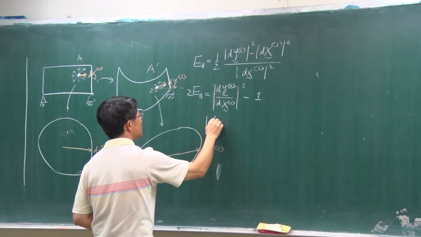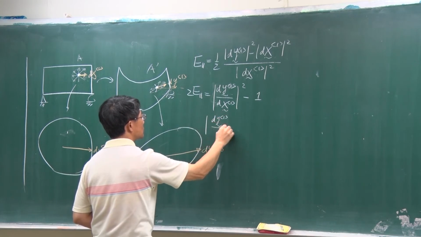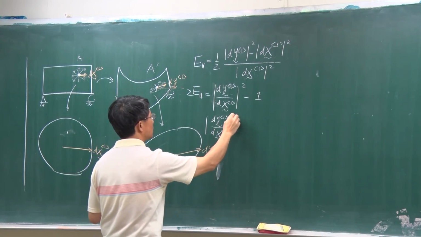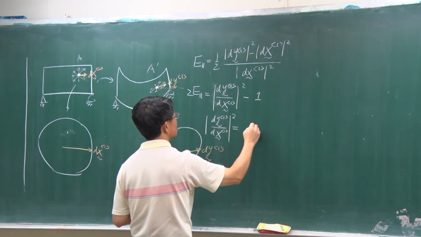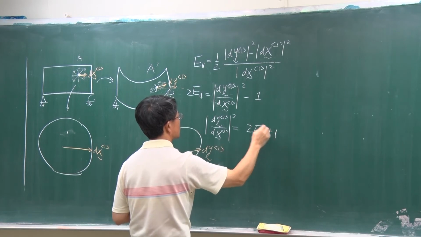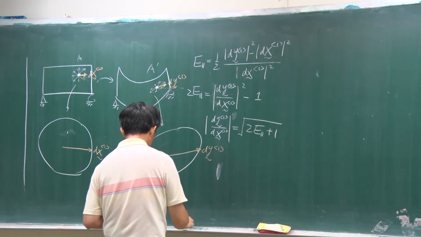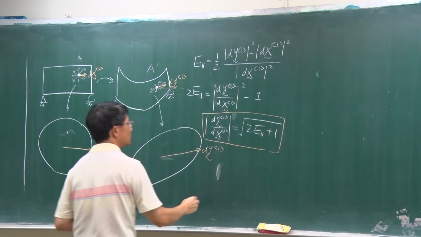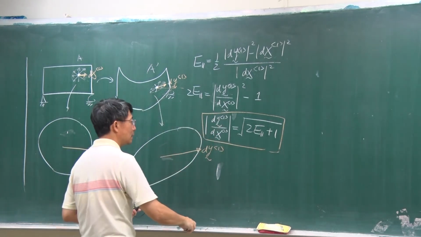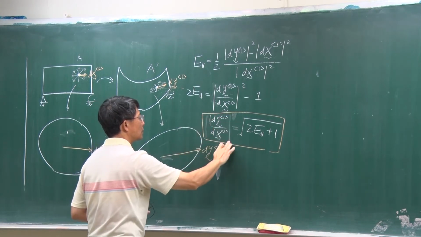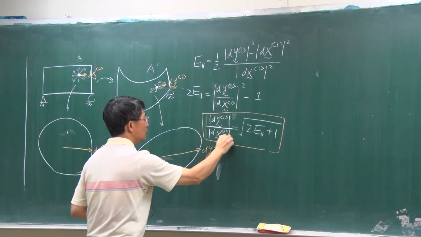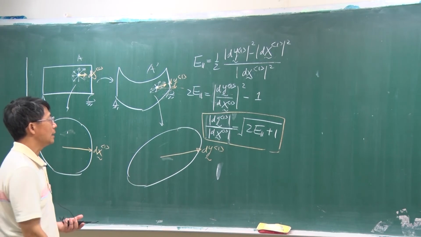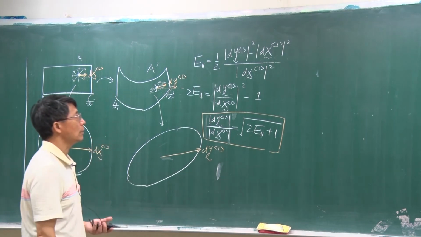As a result, we have the ratio of the length before and after the deformation, which is expressed in terms of the E11 component.